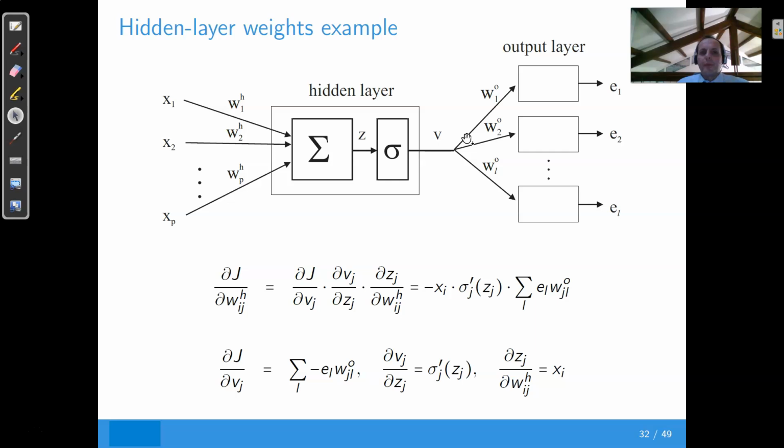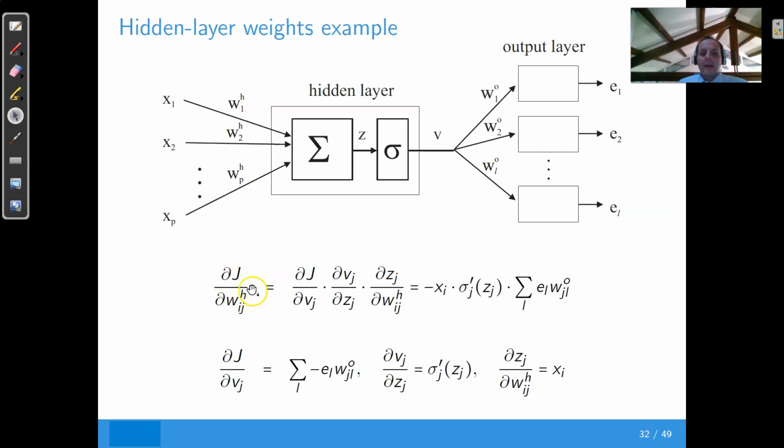This is why this procedure is defined as backward: from the output we are moving towards the input of the neural network, which is the opposite of the feed forward case, because in the feed forward phase we are moving from the input to the output. In the backward phase we are computing the derivatives of the cost function with respect to the weights by moving from the output to the input.